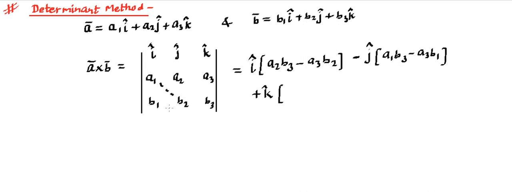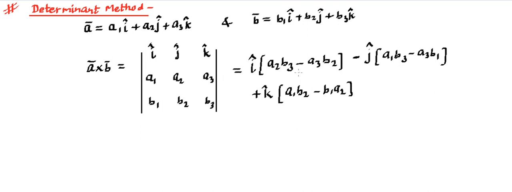Then we multiply diagonally and subtract. So it's going to be A1 B2 in the first diagonal, and in the second diagonal it's going to be B1 A2, or A2 B1, whatever you want to write. So this becomes K cap.